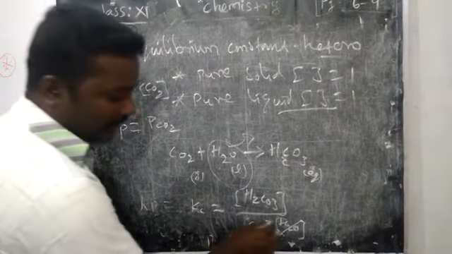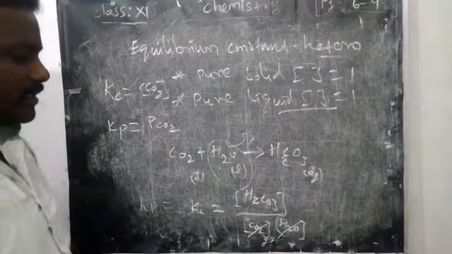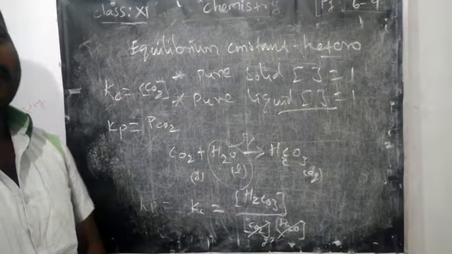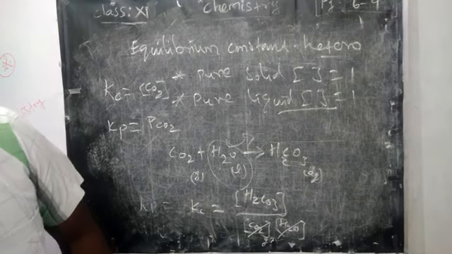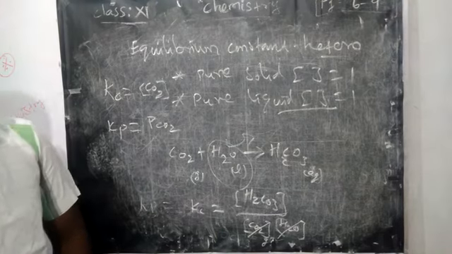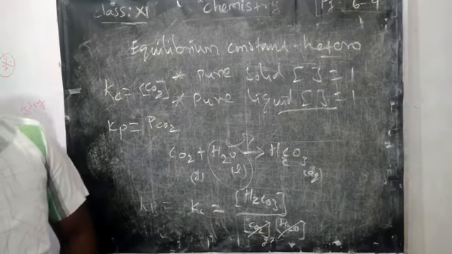One small correction: CO2 is also a gas, you know. For gas also there is no concentration term, so it only depends upon the concentration of carbonic acid or H plus and HCO3 minus. The same way you could write the Kp and Kc.